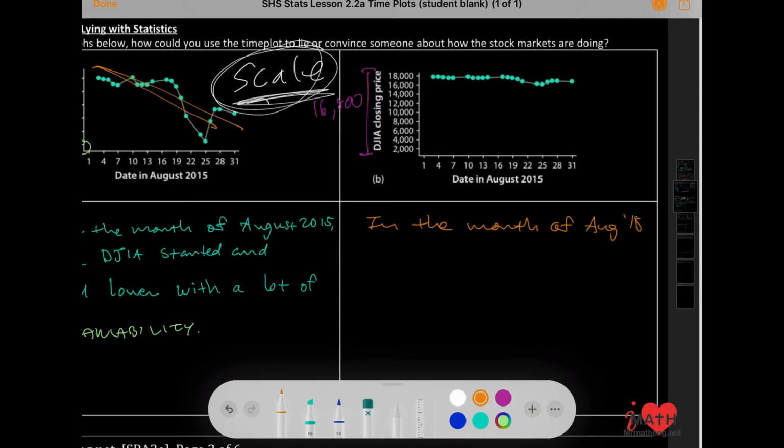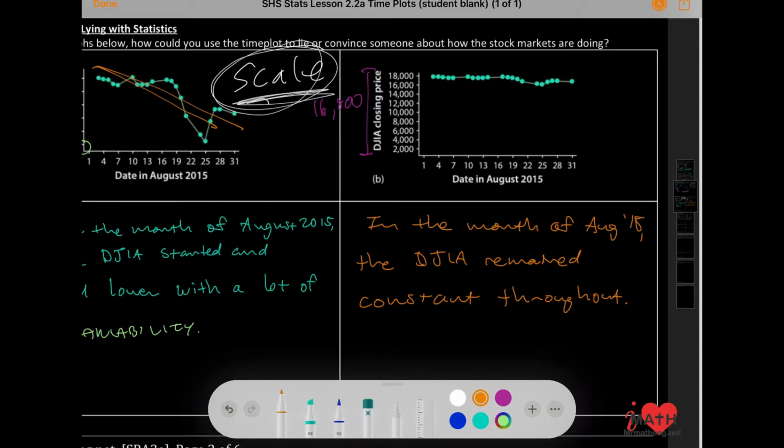This one, what can we say if I say same thing in the month of August? August 2015, the Dow Jones Industrial Average remained consistent or constant, meaning throughout. So here I'm trying to convince you that there's no changes and you should keep your money in it, right?